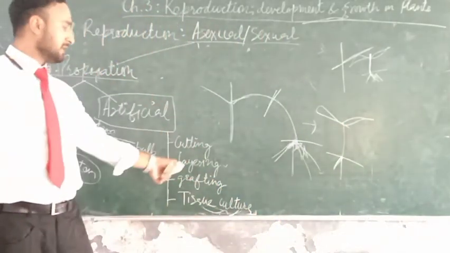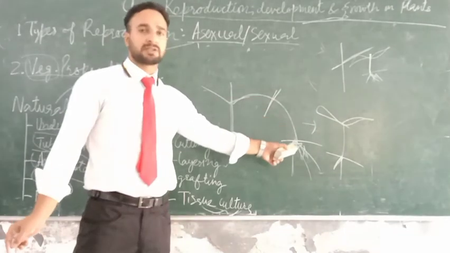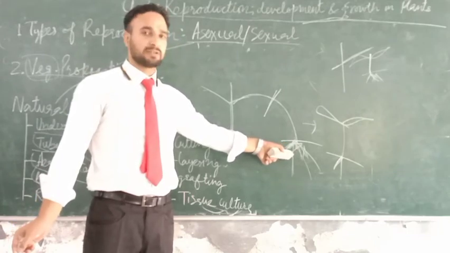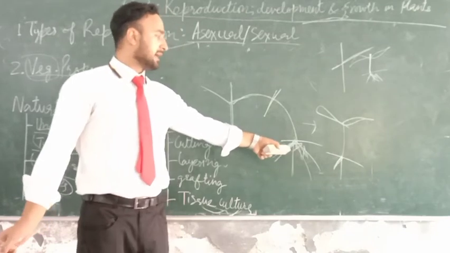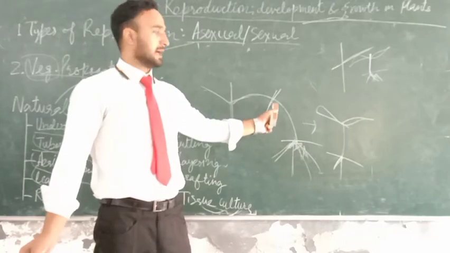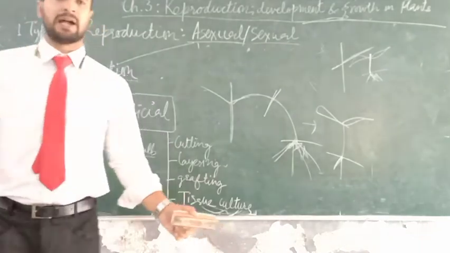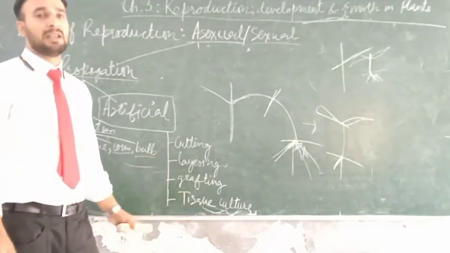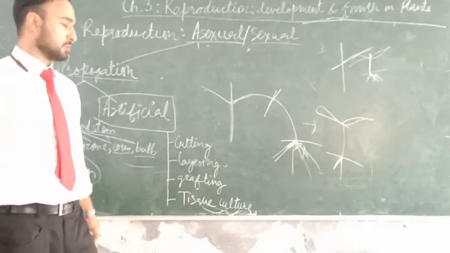In layering, one of the branches is bent towards the ground and covered with soil. After some time, it produces new roots, and on the production of new roots, it is detached from the parent plant and is capable of growing into an individual new plant. This is the example of layering, and it is done in the case of lemon, jasmine, and rose also.